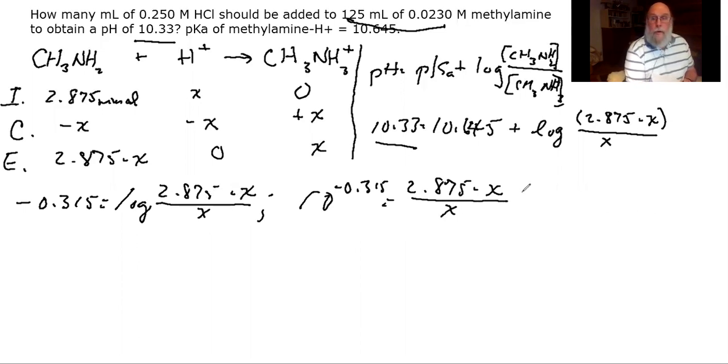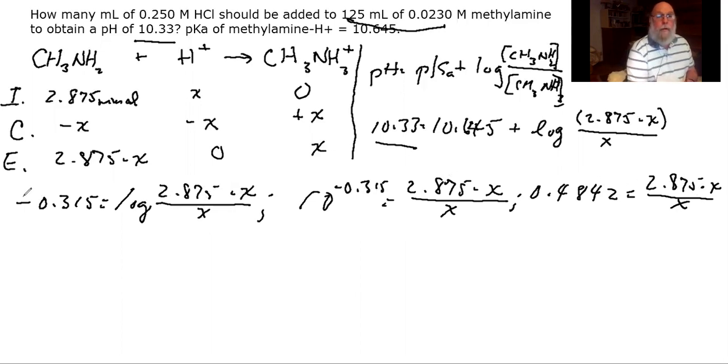One more step here, 0.4842. That is, 10 to the negative 0.315 is going to be equal to (2.875 minus X) over X. I cross multiply and simplify it, and I'll let you do the rearrangement.